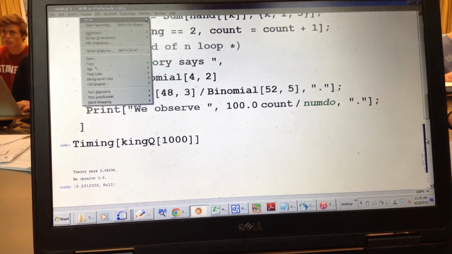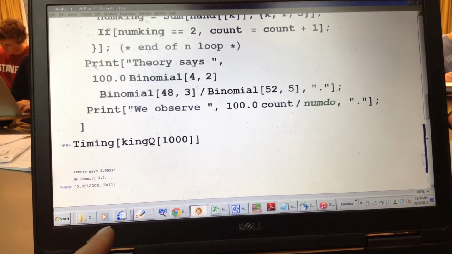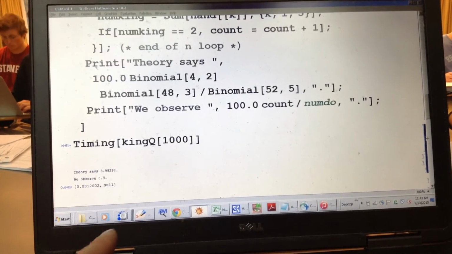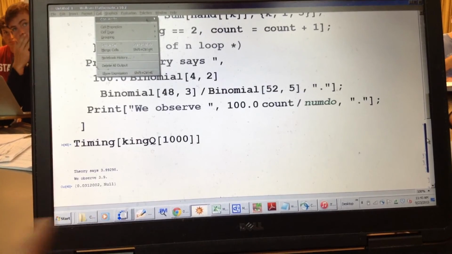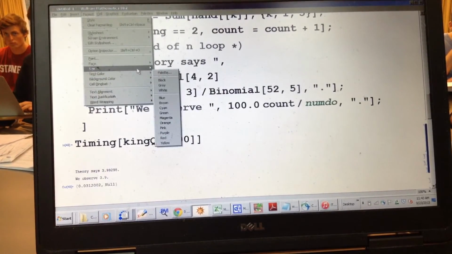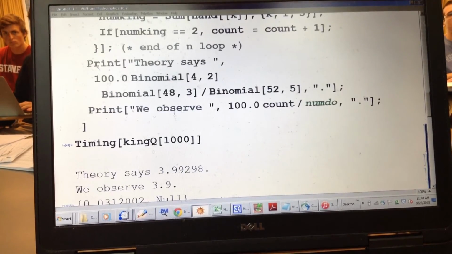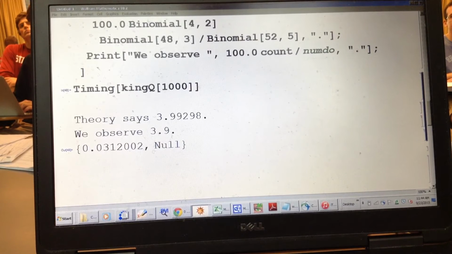Let's see. Okay, so we did it 1,000 times. Theory says 3.99. We got 3.9. And it took 0.03 seconds.